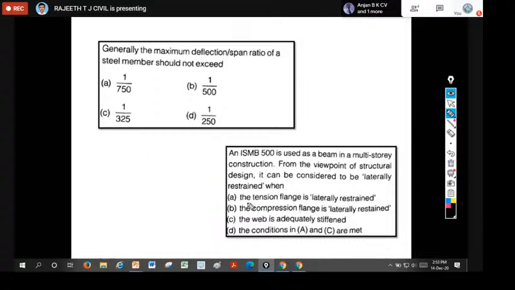According to the options, the first is that the tension flange is laterally restrained. Second, the compression flange is laterally restrained. Third, the web is adequately stiffened. The fourth option is that conditions A and C are met.